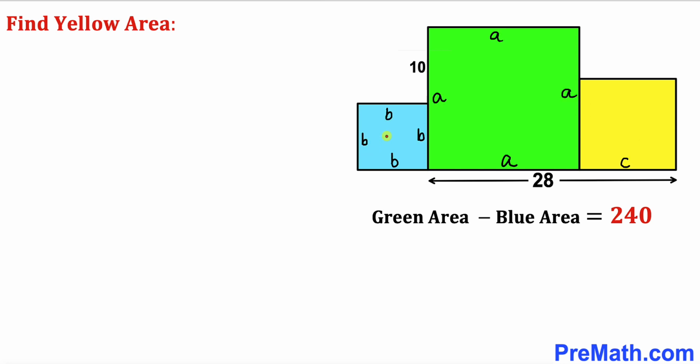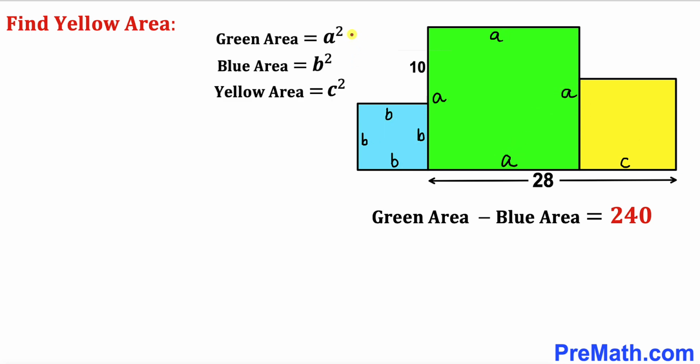All the sides of this blue square are b across the board, and likewise for the green square, it's a for all sides. Then our green area is a squared, the blue area is b squared, and the yellow area is c squared.